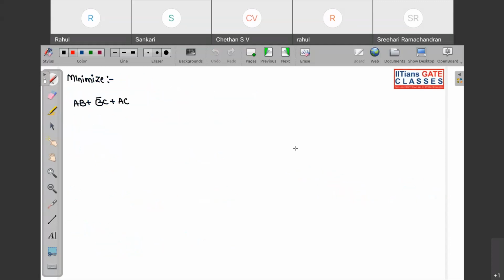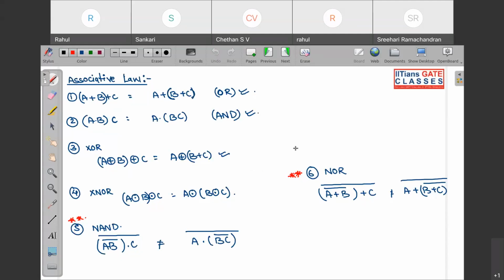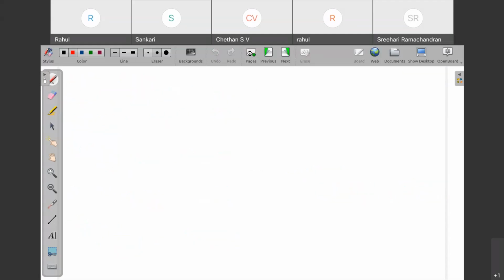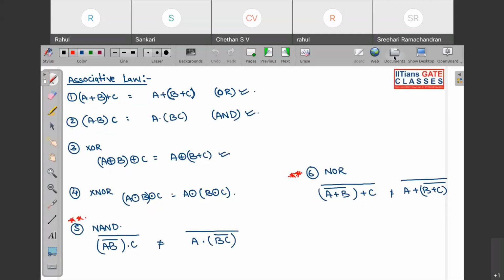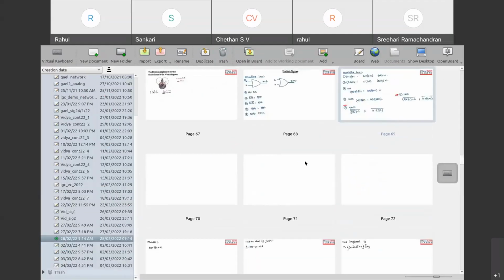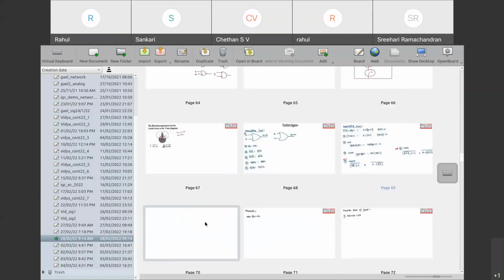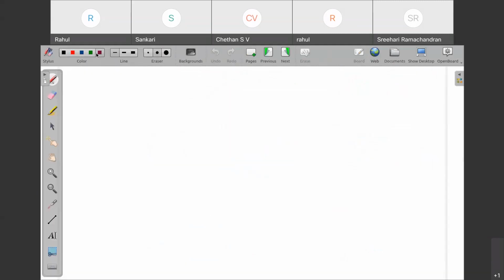So now there are a lot of properties. Wait a minute. Okay. So the first property is what? Distributive property.